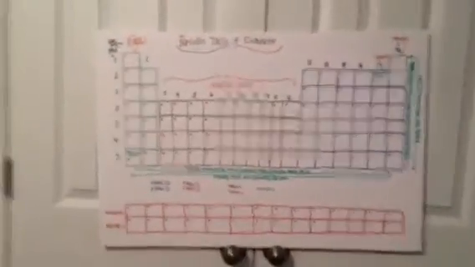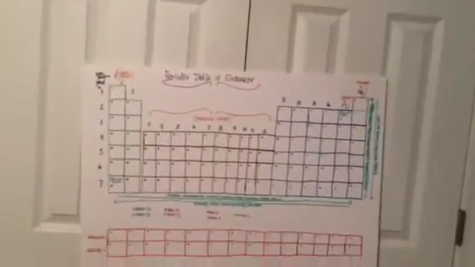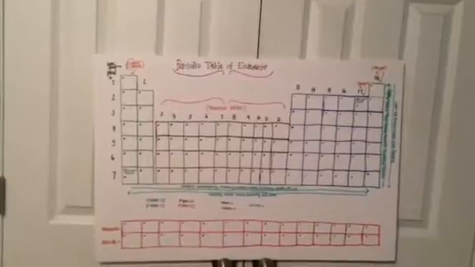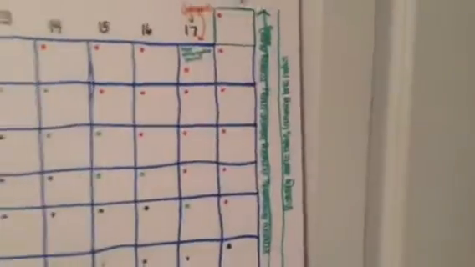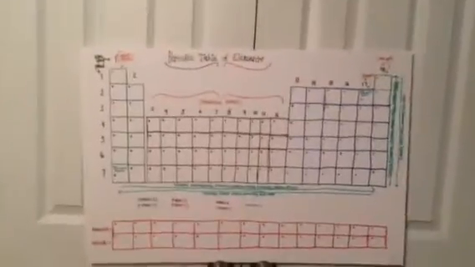Electronegativity is also just like the last two. It increases from left to right and increases up a period, which is on the side right there.